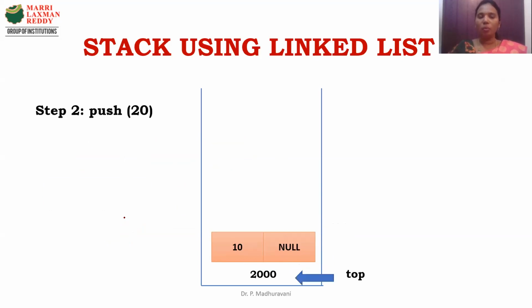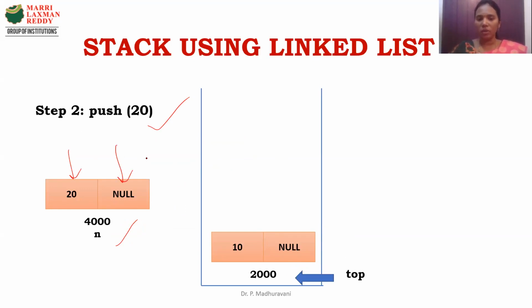Now the n and top both are pointing to one and only one node in this stack. Now coming to another push operation onto the stack with the data field 20. Allocate memory for the node structure and refer to it with the name n, set the data part to 20 and make the next null. Now push this n onto the stack. After pushing, this n will be the top node, but earlier we have another top node which is referring to the address 2000.